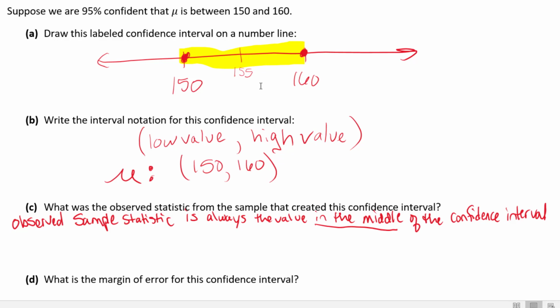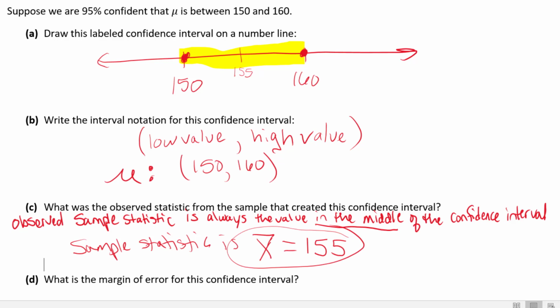Now, what would be the symbol for our sample statistic? It must be x bar, because this confidence interval is an interval of plausible values for the population mean, mu, so the sample statistic must have been a sample mean, x bar. So our sample statistic is x bar equals 155.